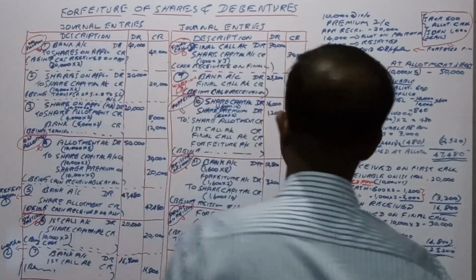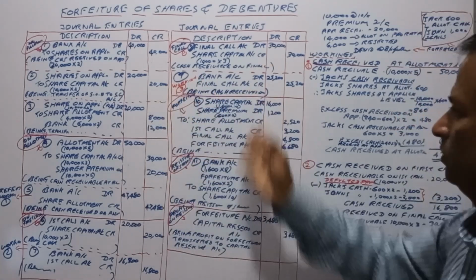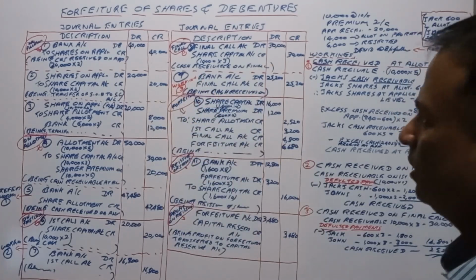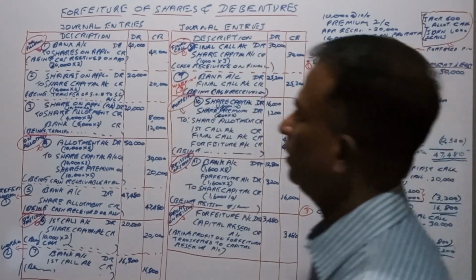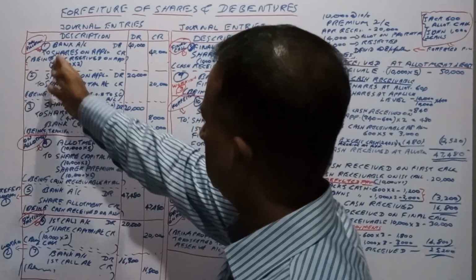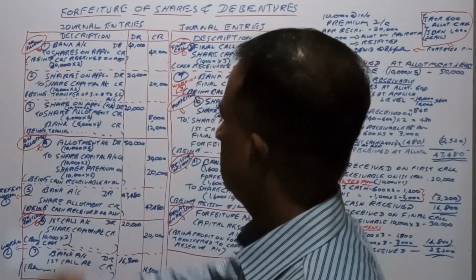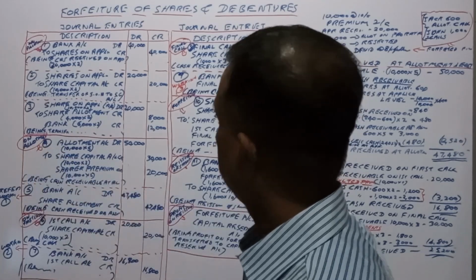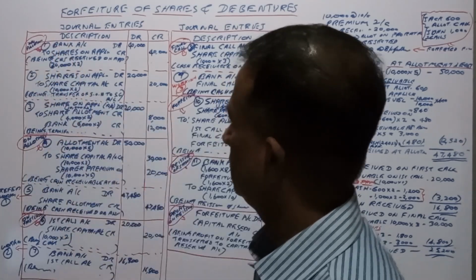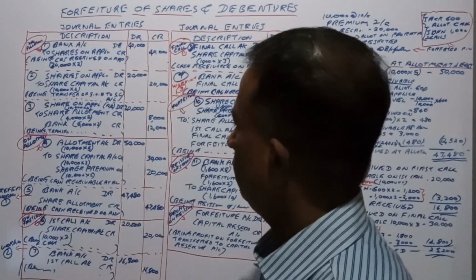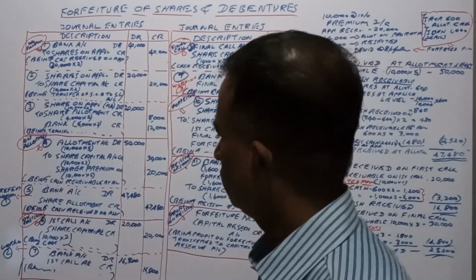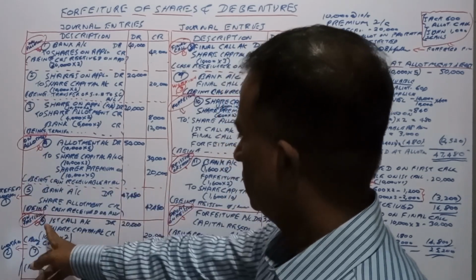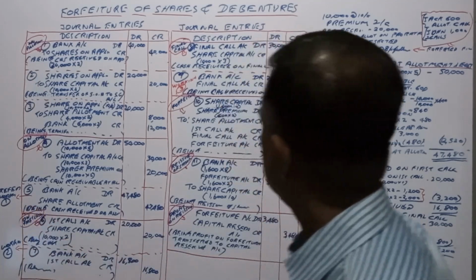Have you seen everything? Everything I have given crystal clearly. First is the application level, 3 journal entries. Second is on allotment, 2 journal entries. On first call, 2 journal entries.